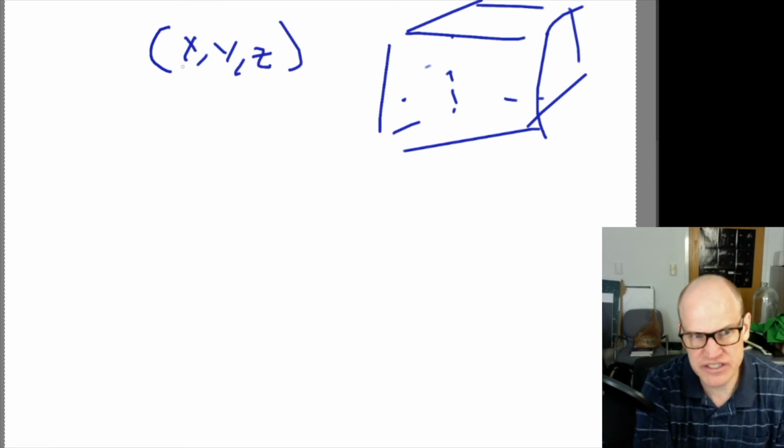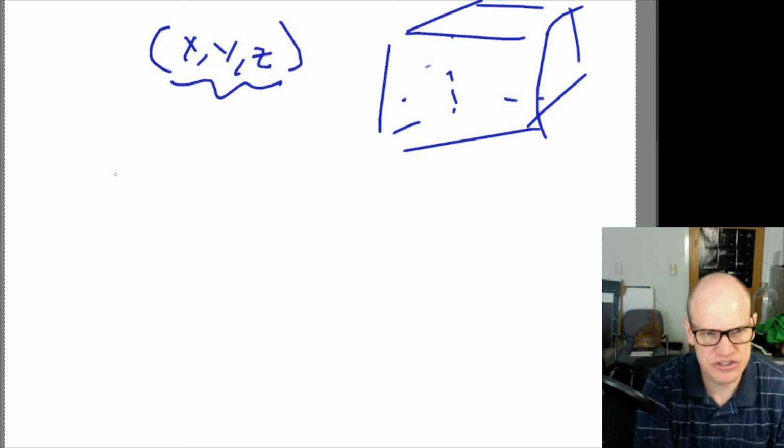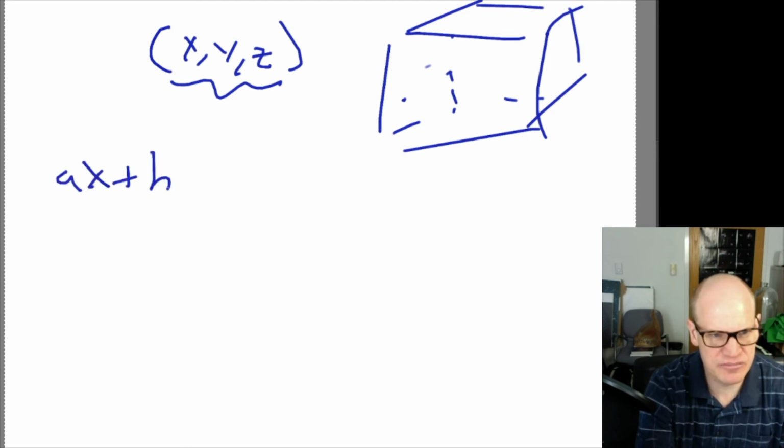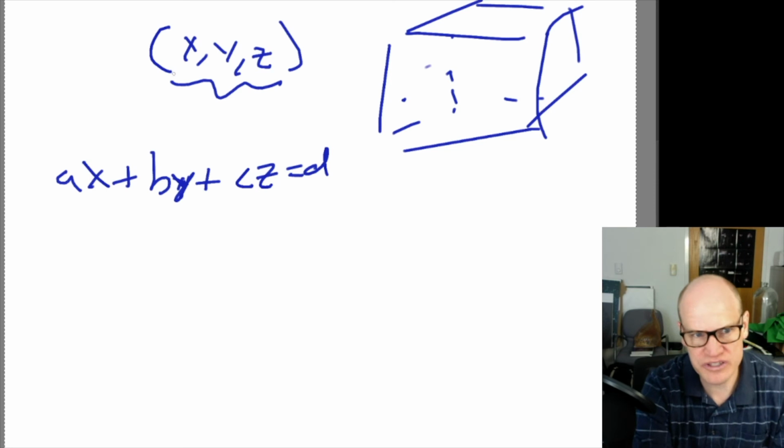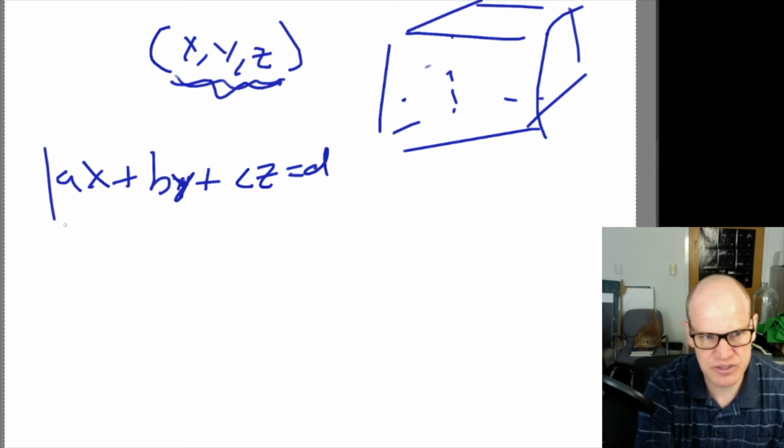When you place a constraint on a set of ordered triples like this, so a constraint would be that you want it to satisfy some relationship. A linear constraint would be ax plus by plus cz equals d. So this says, I'm going to restrict my 3-dimensional space down to the place where this thing is satisfied.